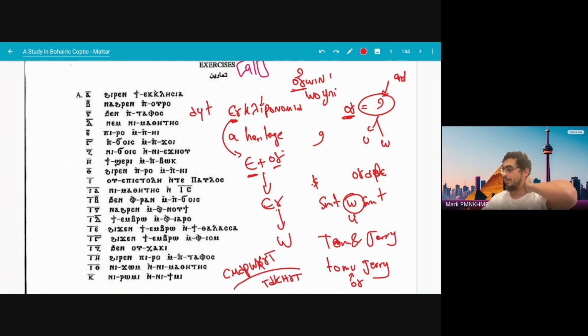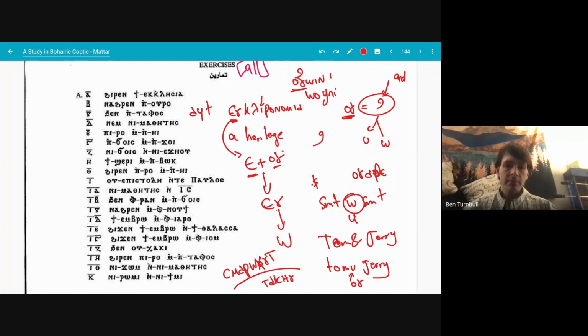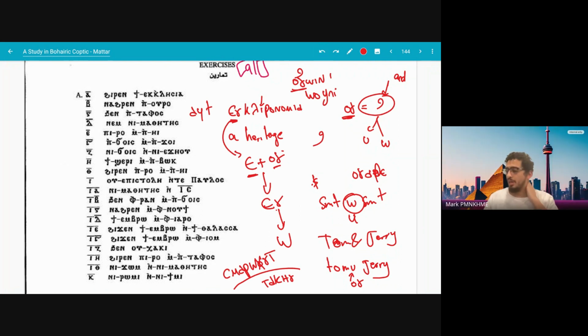Actually, you don't have the T. They drop the T. So takeu just means destroyed. So we know this is equivalent to this, and we know it wasn't intended to be a U sound. It's just a wah sound. It can be represented with either omicron epsilon or just an upsilon. They're literally the same. But Bohairic keeps it this way, which helps us decipher the rest.